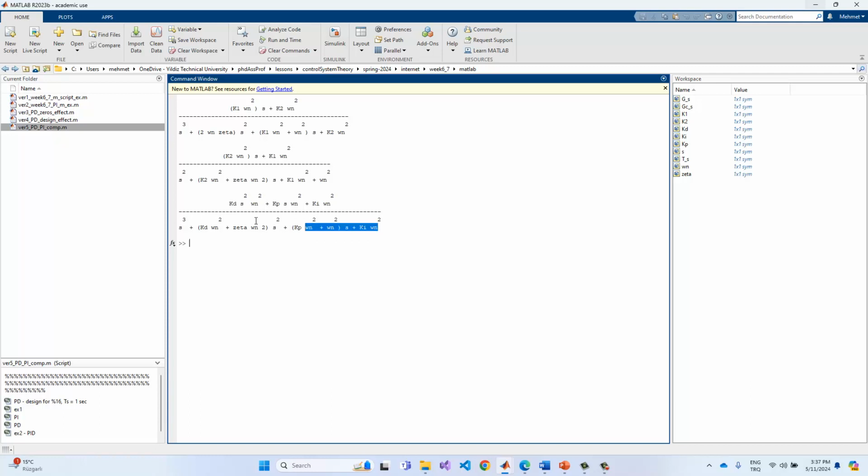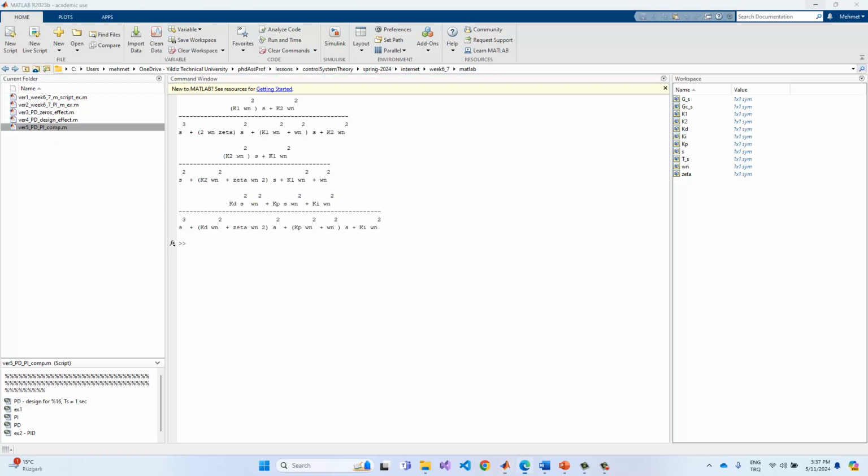And so we can place the poles everywhere in the root locus. But also we can make the steady state error go to 0 when the time is going to infinity, okay? This is the difference between the PD and PI and PID controller, okay?